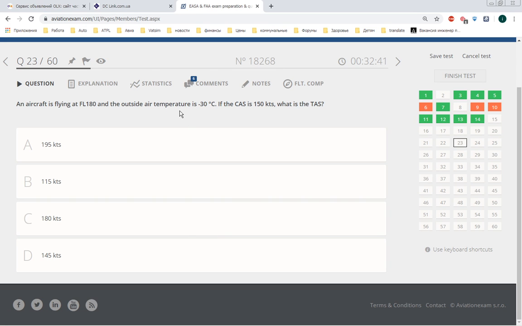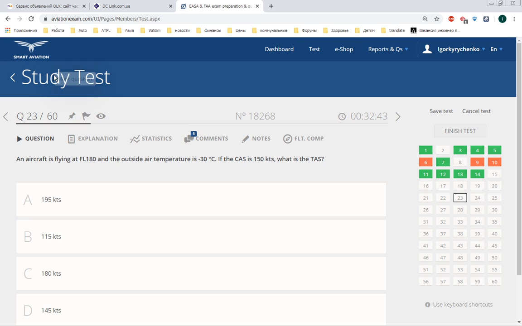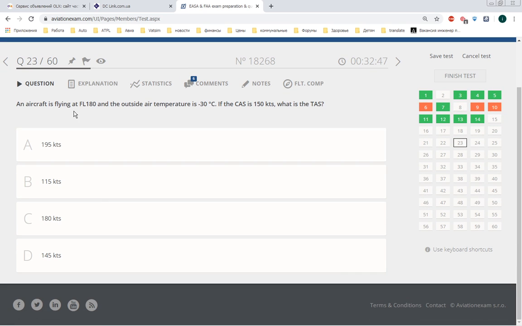Okay guys, here is a question from an aviation exam. We need to calculate true airspeed from calibrated airspeed. The pressure altitude is 180.